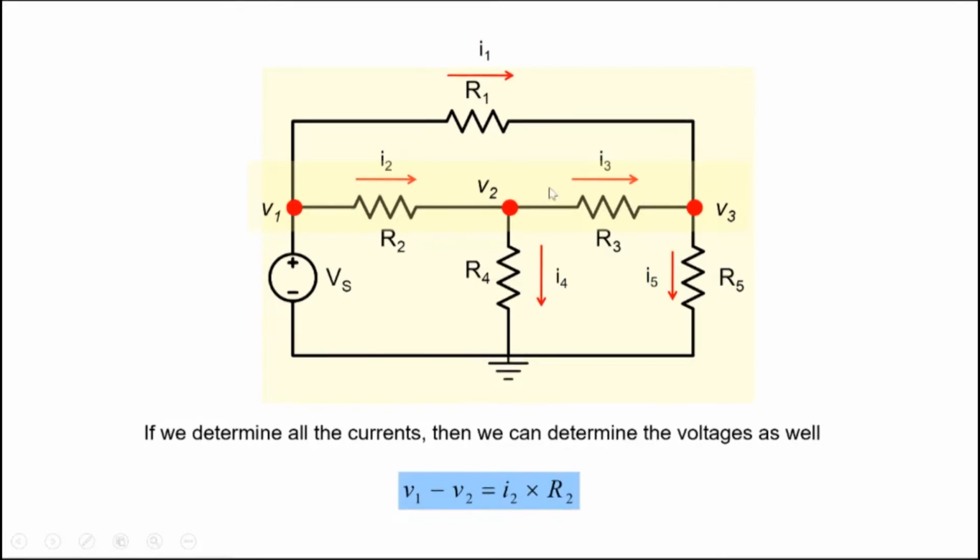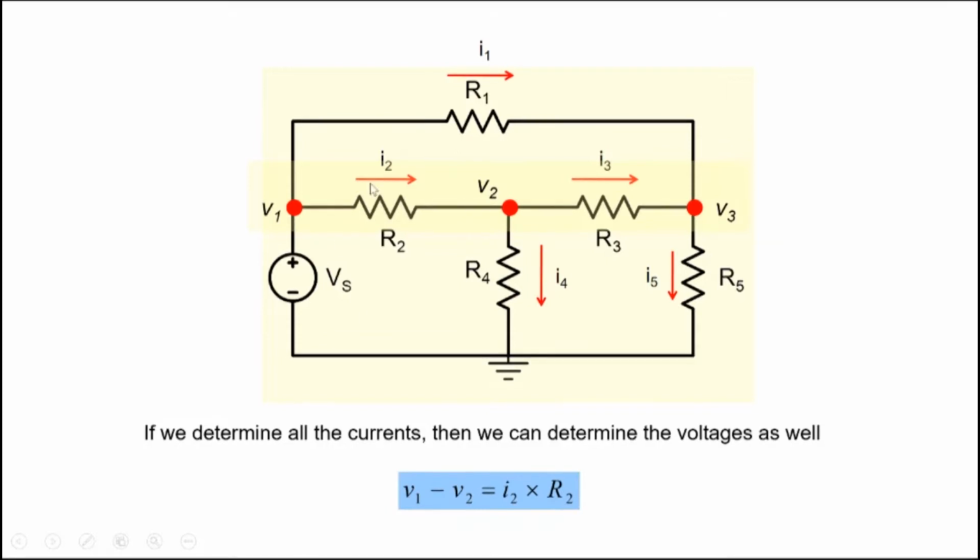Well, we know V1 minus V2 is I2 into R2, right? So now to determine V1, we have to know V2. And so V2 we can write as V2 minus 0 volt equal to I4 into R4. Since we already know I4, we know R4, so we'll determine V2.